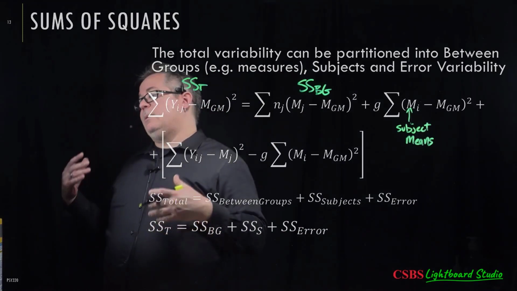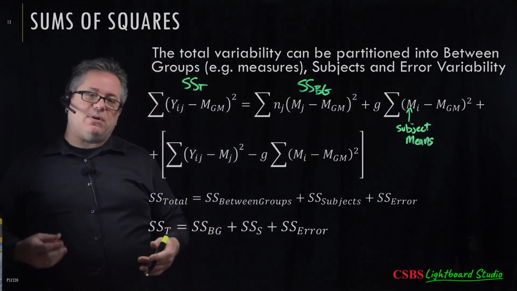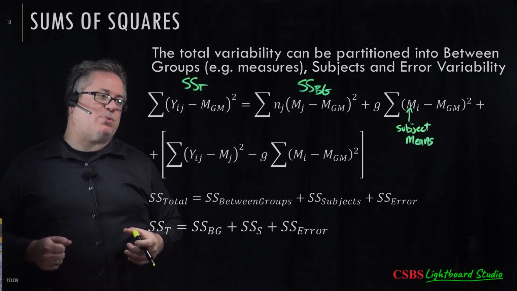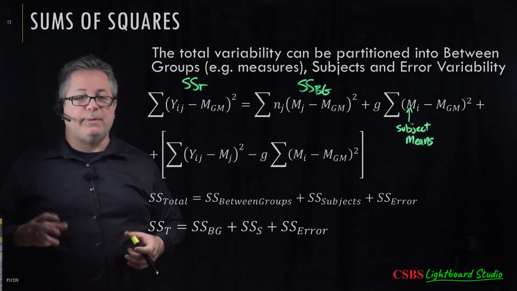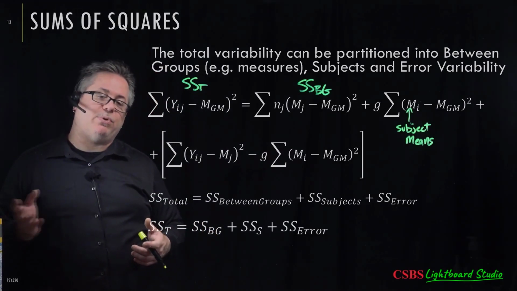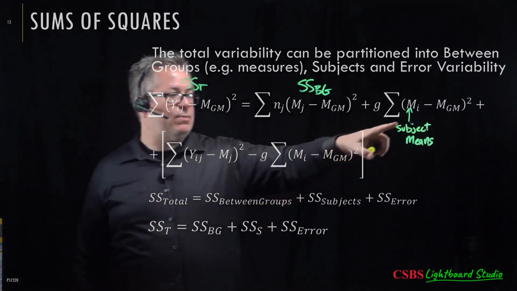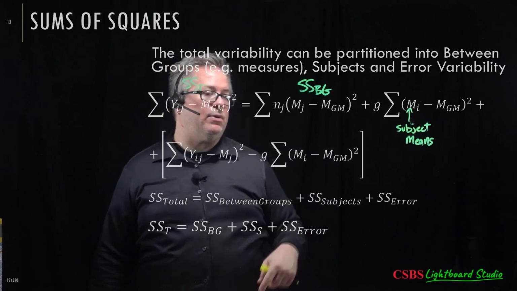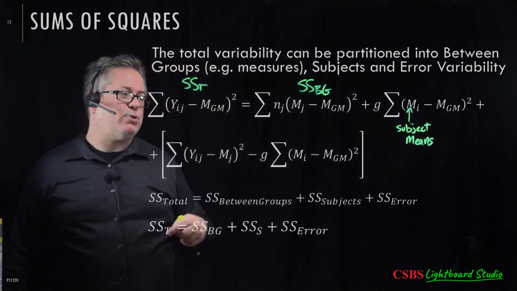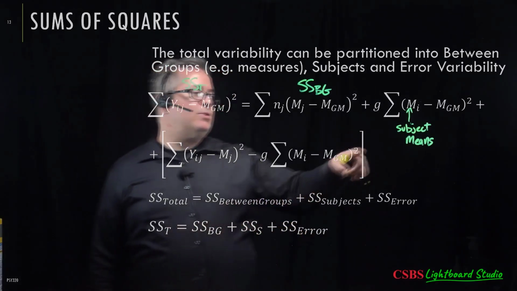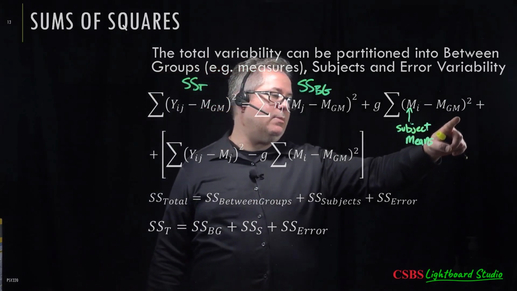Why? Because subjects usually only have one score. You can't average out scores for a subject if they only have one score. Now all of a sudden they have three. They have one for pre, one for post, one for follow-up. I can take those three scores and I can create a subject mean, or an individual mean for each person. So I'm going to take each of those subject means and I'm going to subtract the grand mean. I'm going to square it.